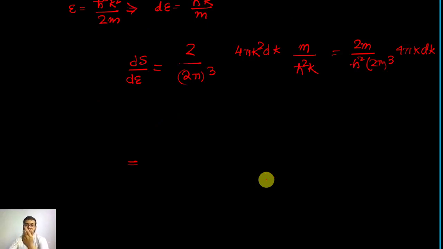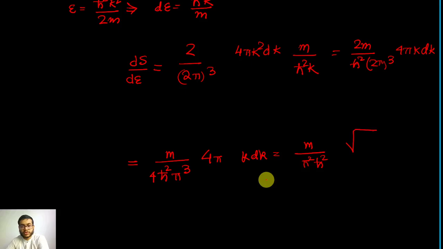and we can substitute back the k. So it will be, let's say, m by h bar square 4 pi cube 4 pi k dk. That will be m by pi square h bar square. And what is k? k is nothing but root of 2mE by h bar.